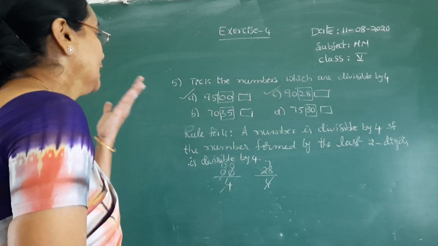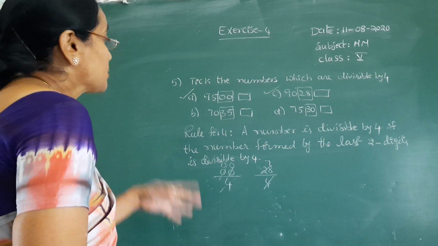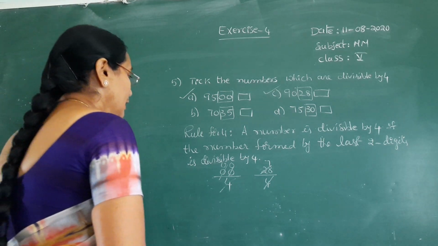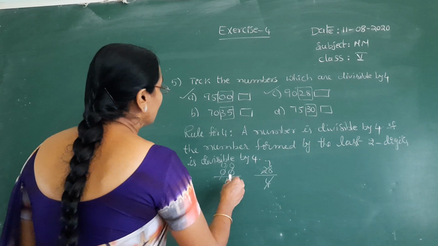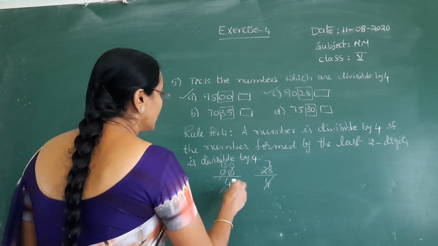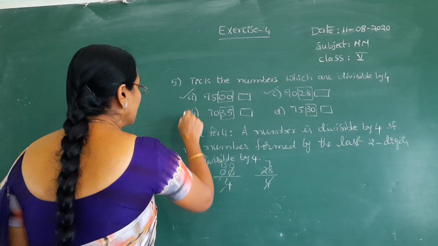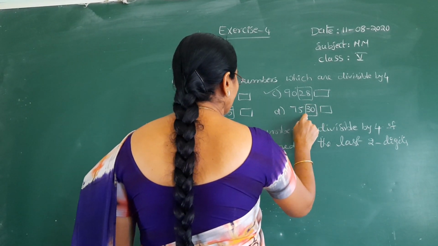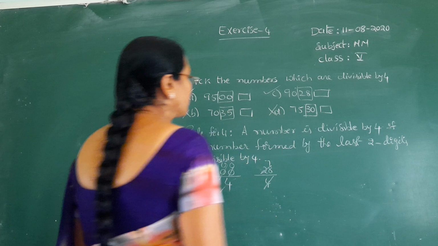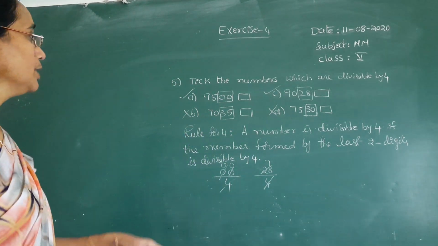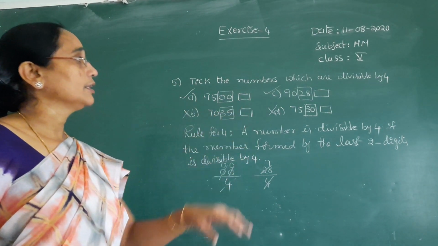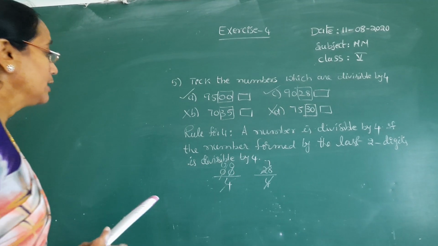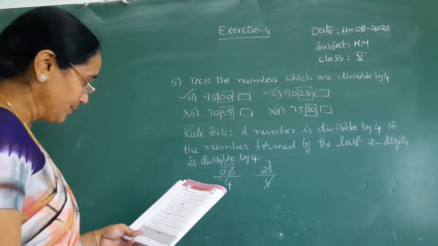In even tables there is no odd number, so this is not divisible by 4. And here observe this 30. 30 is not in the 4 table, so it is not divisible by 4. So here the two numbers 9500 and 9028 are divisible by 4.